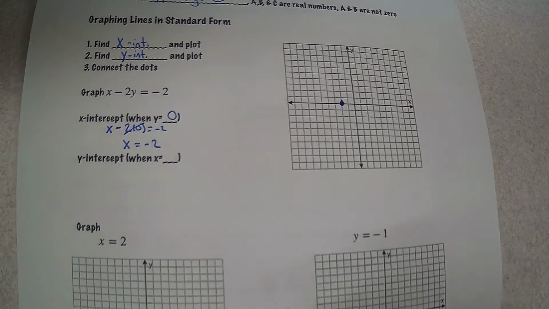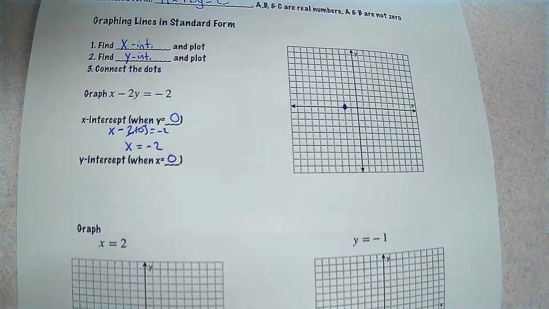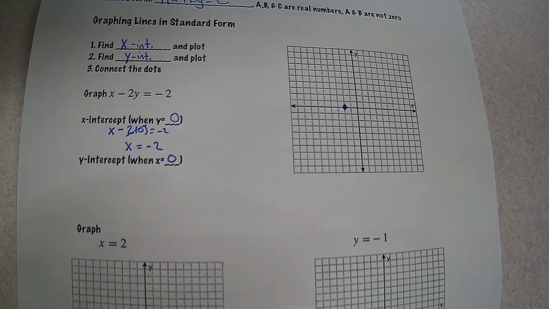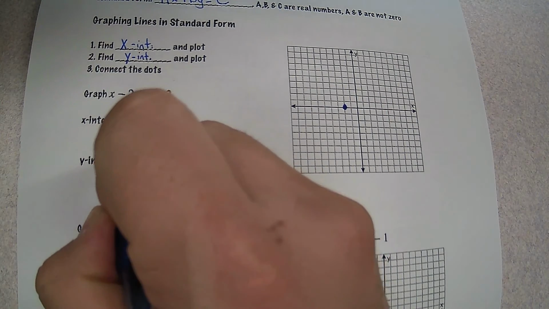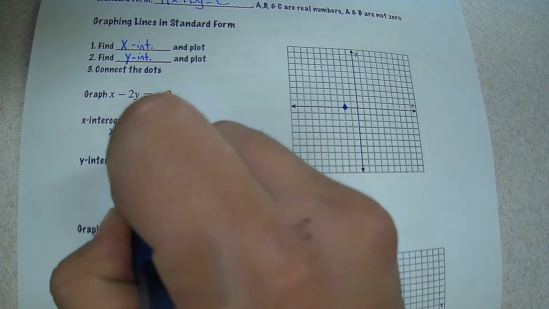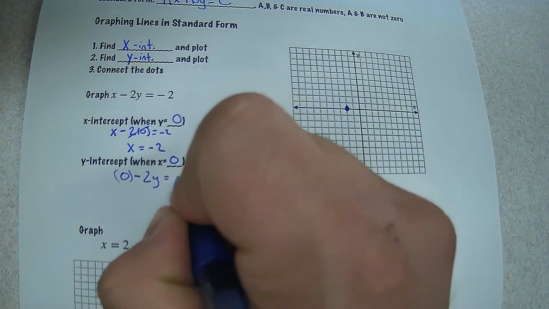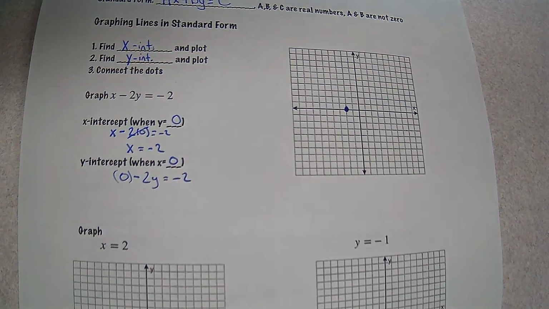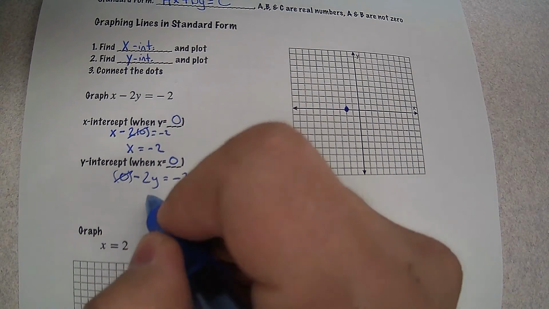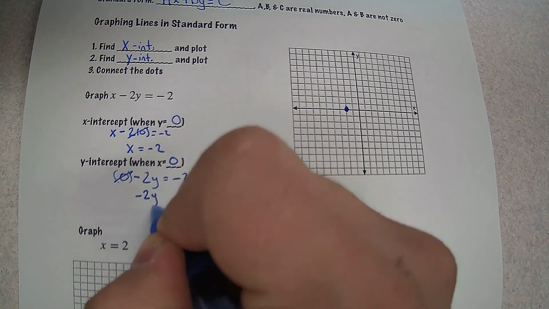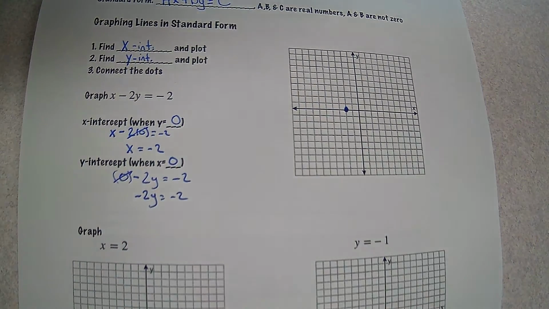Now the y-intercept is when x equals 0. So we replace x with 0, so 0 minus 2y equals -2. This goes away. I'm just going to write it as -2y equals -2.